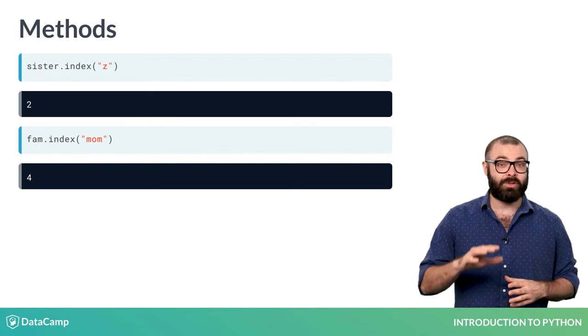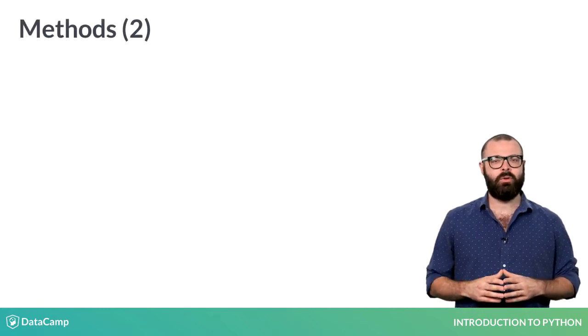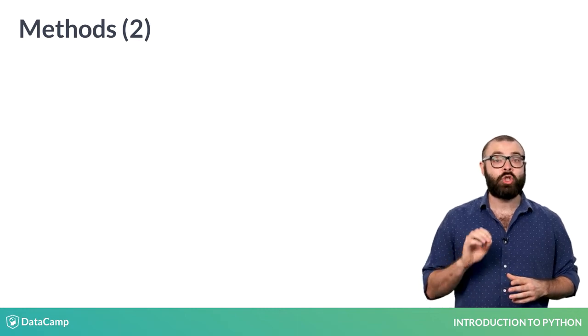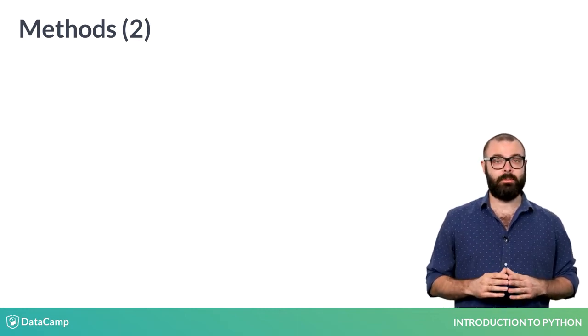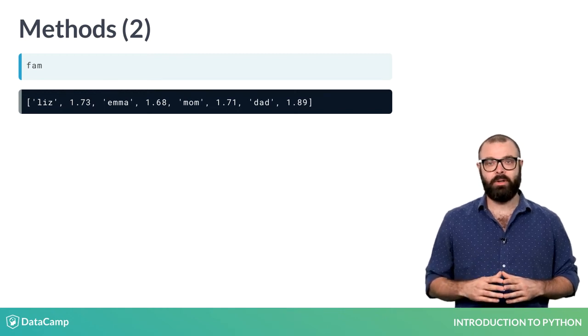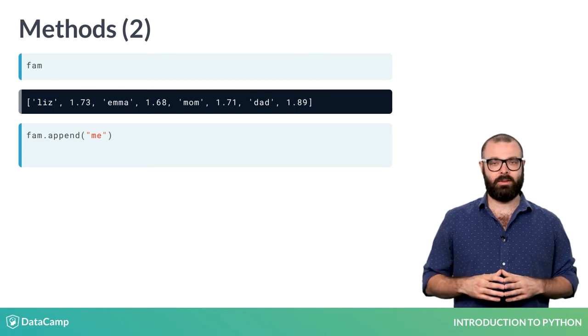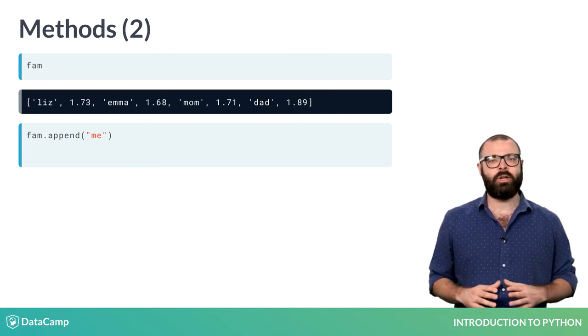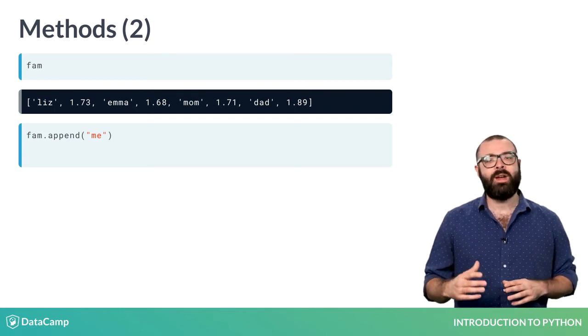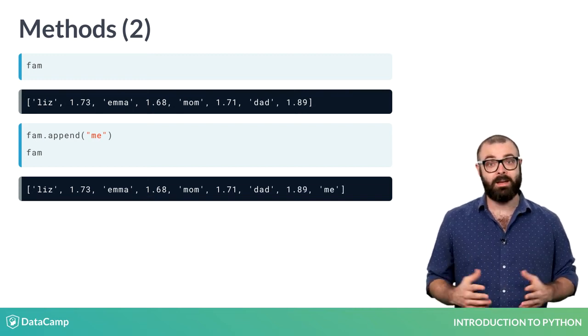Before I unleash you on some exercises on methods, there's one more thing I want to tell you. Some methods can change the objects they're called on. Let's retake the fam list and call the append method on it. As the input, we pass a string we want to add to the list. Python doesn't generate an output, but if we check the fam list again, we see that it has been extended with the string me.